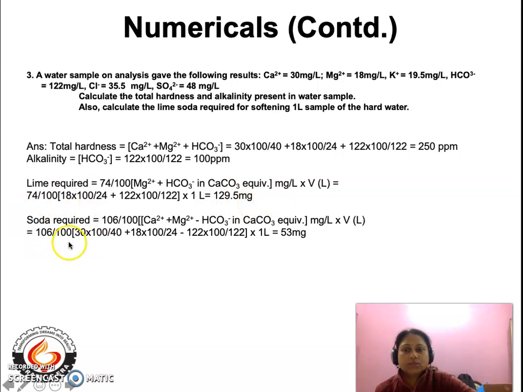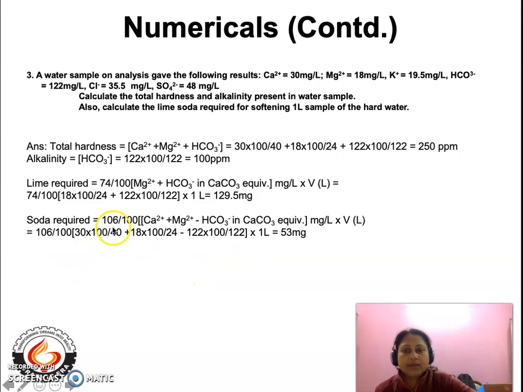Now similarly, for the soda required, we require calcium ions, the magnesium ions and minus bicarbonate ions. Why it is minus, because in the previous lecture, especially when we were considering the reactions in the tabular form, we found that for bicarbonate ions we require 1 mole of lime minus 1 mole of soda.